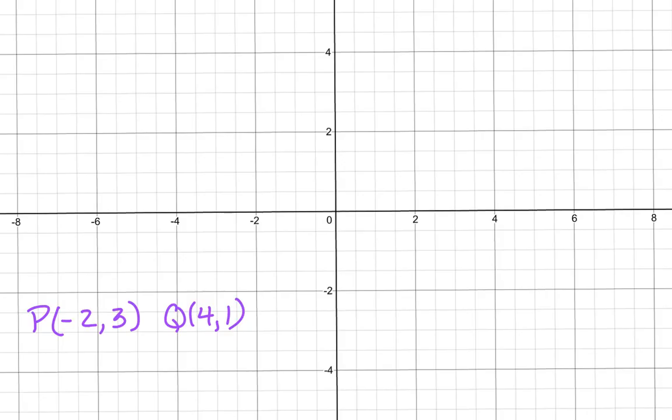A slightly more interesting example here would be a question like this that would ask us to find the equation of the perpendicular bisector of the segment with the endpoints at P, negative 2, 3, and Q, 4, 1. So negative 2, 3 would be here, Q, 4, 1 would be here. Here's that segment.